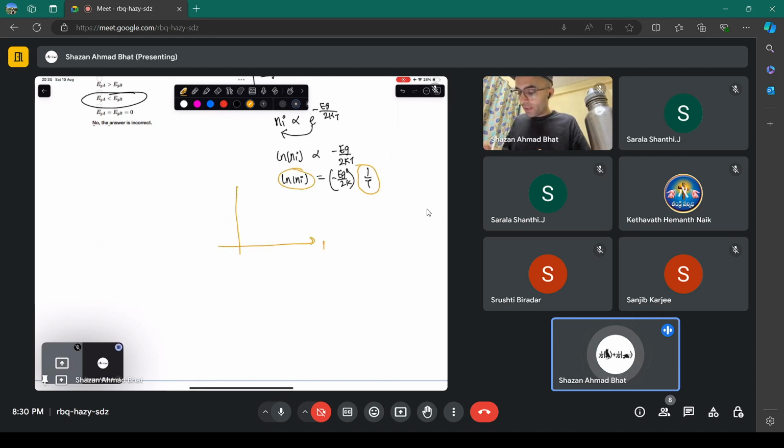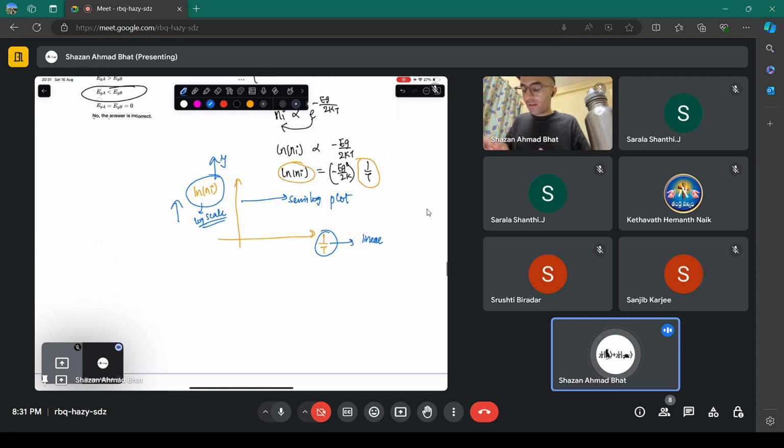When you plot something where one of the axes, the y-axis, is in log scale, this particular plot is called a semi-log plot. Because here this is not in log, this is in linear scale. But this particular scale is in log scale. It's a semi-log plot.